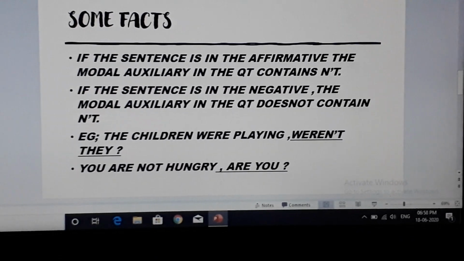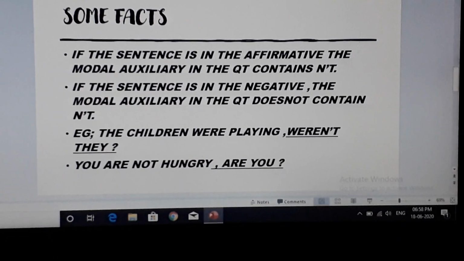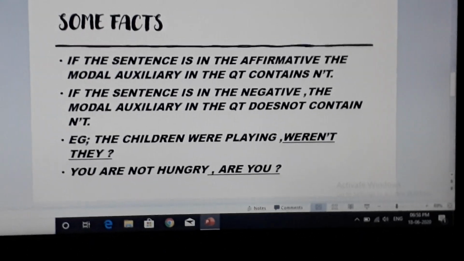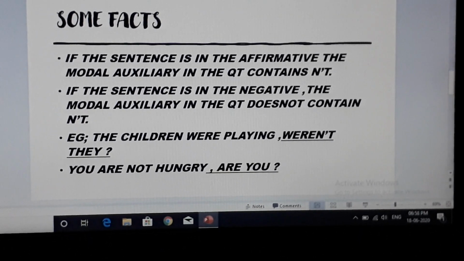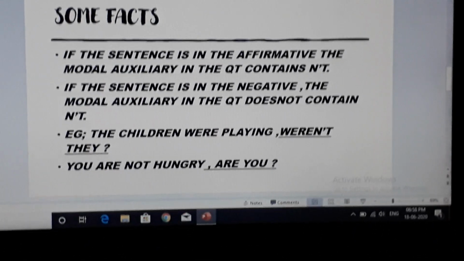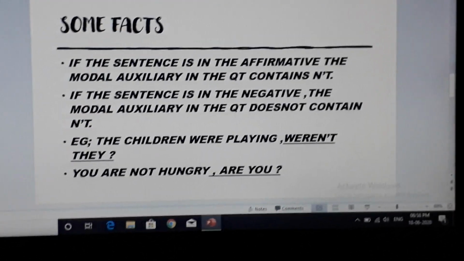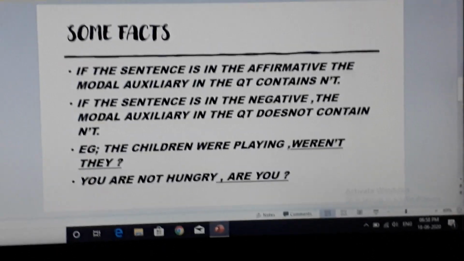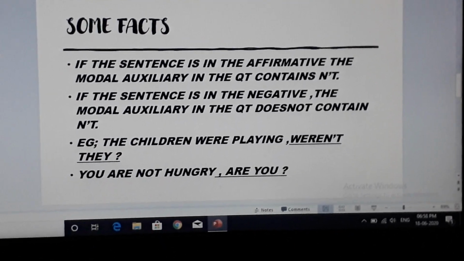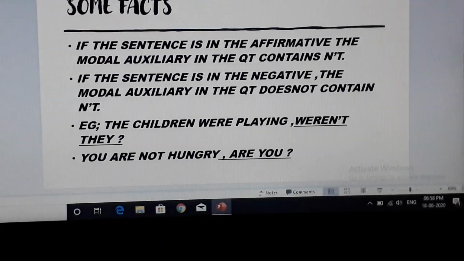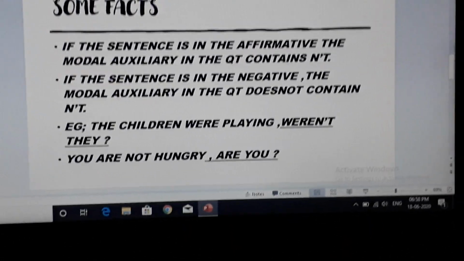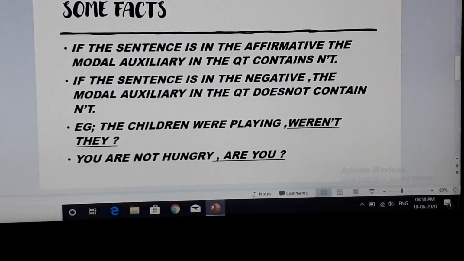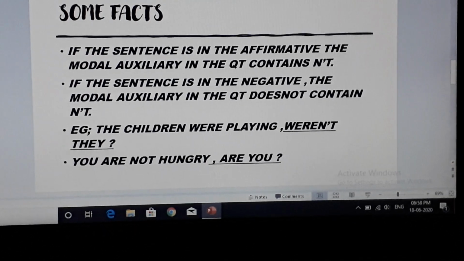The next fact is, if the sentence is in the affirmative, the modal auxiliary in the question tag contains not. That means just now I have explained to you that if the sentence is affirmative, affirmative means positive sentence, that means there should be no negative word in the sentence. So if the sentence is positive, in the modal auxiliary we have to add not.